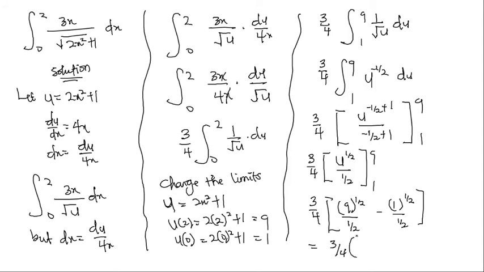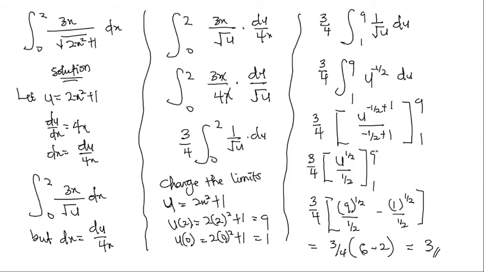Now 9 raised to the power half divided by 1 over 2 will give me 6, and this will give me 2. If I multiply everything over here, I'm going to get the answer 3. So the definite integral from 0 to 2 of the function 3x over the root of 2x squared plus 1 dx gives the answer 3.